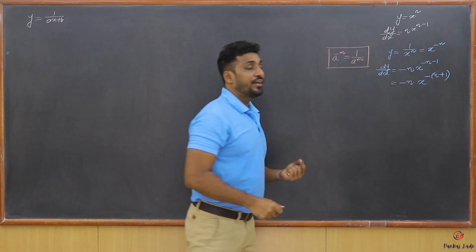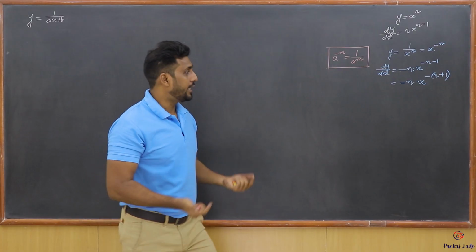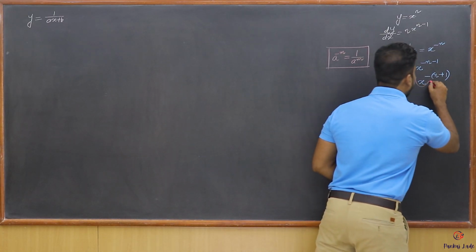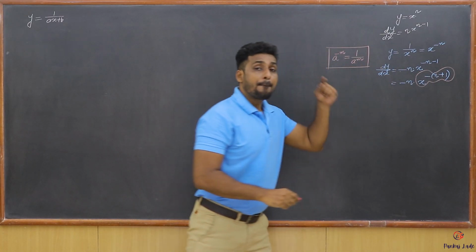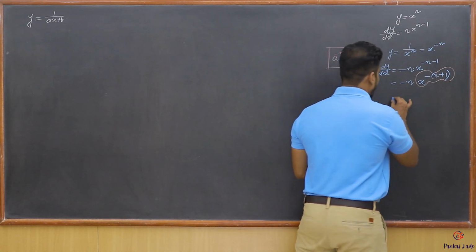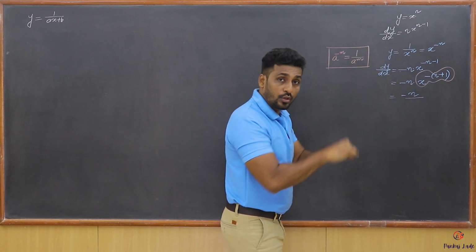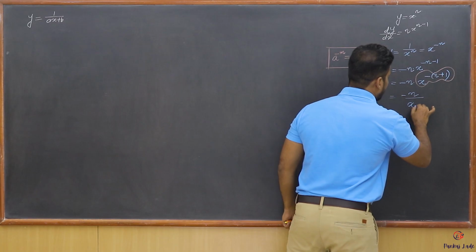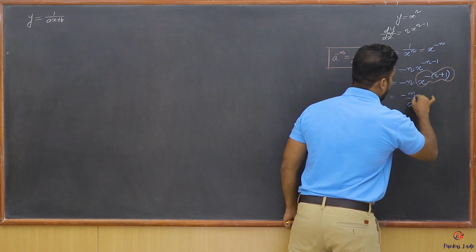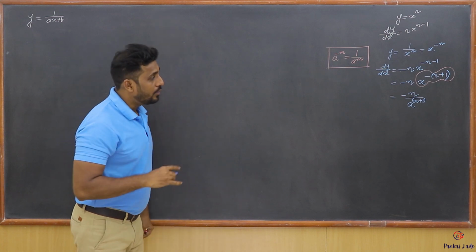So the negative power in the numerator can go in the denominator and become positive. So here also this x raised to minus of n plus 1 can now be written as, you get minus n upon x raised to n plus 1.